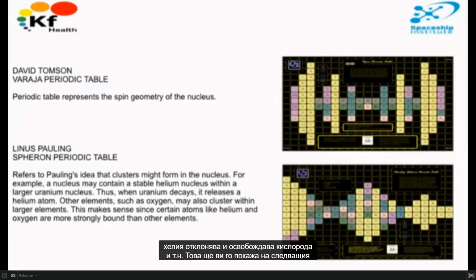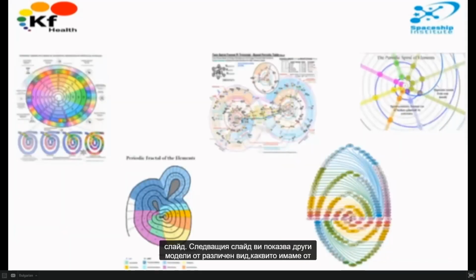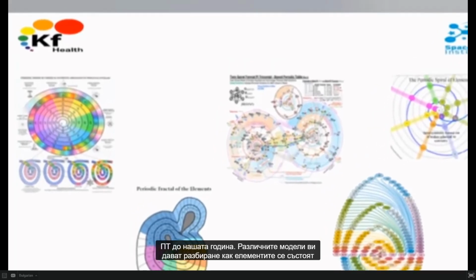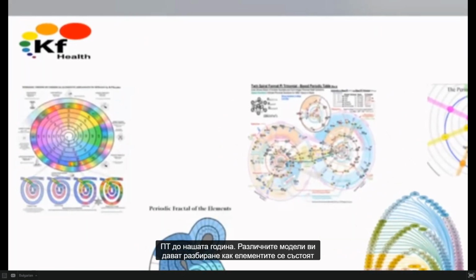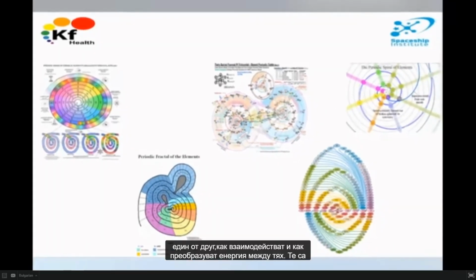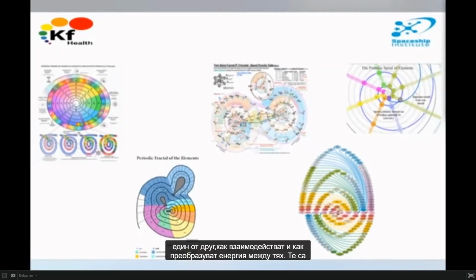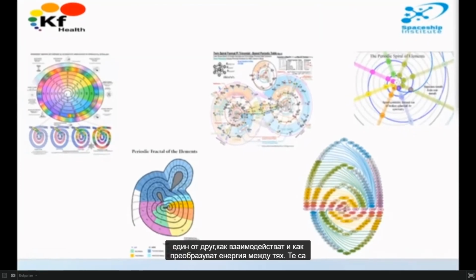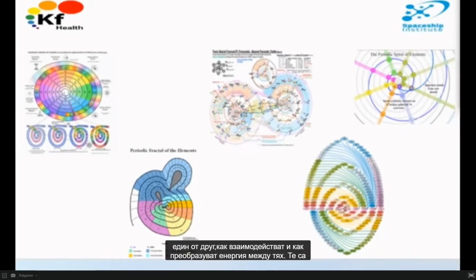That I will show you in the next slides. The next slides give you other different kinds of models we have of the periodic table up to our age. Different models give you understanding of how elements consist of each other, how they interact and transform energy between them.